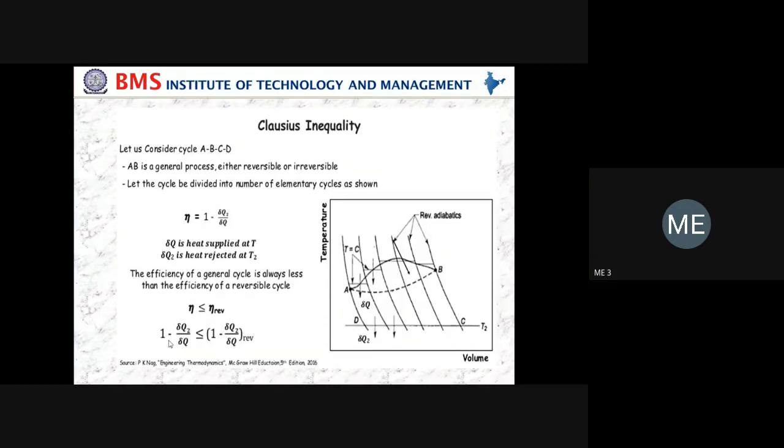The formula is the same, but the statement is most important: the efficiency of a general cycle is less than or equal to the efficiency of a reversible cycle. It is never greater than the reversible cycle. Just add the suffix reversible. The formula is the same.